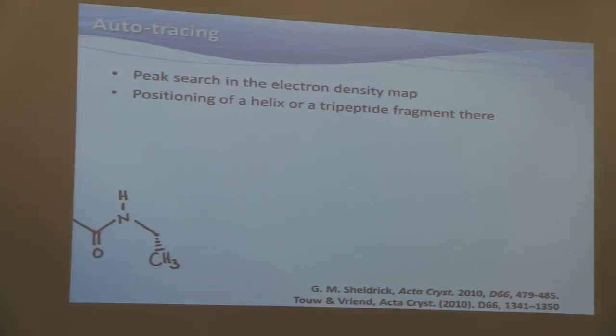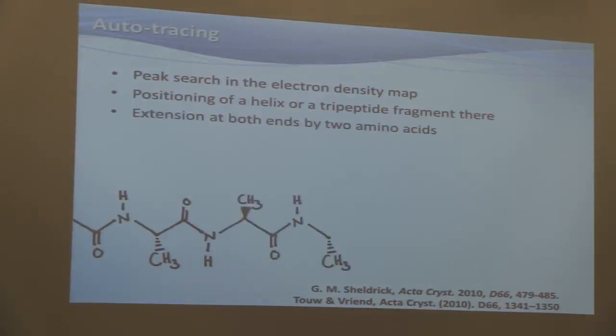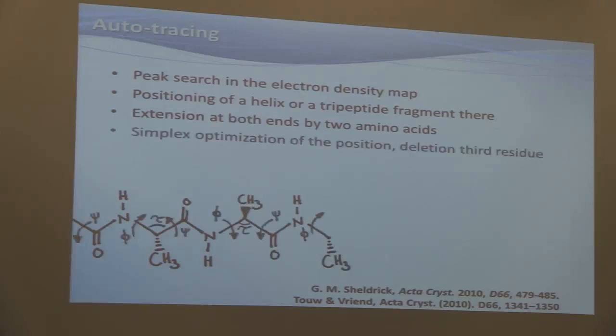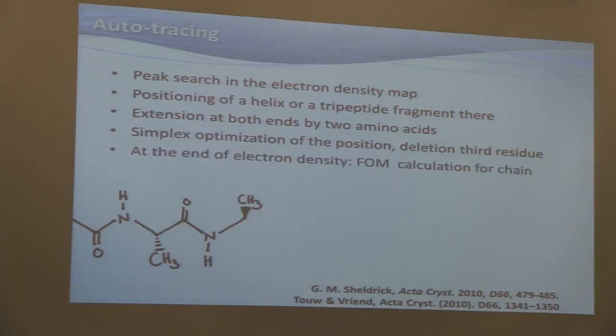Then we position a helix or tripeptide fragment. We extend it at both ends by 2 amino acids. Then we do a simplex optimization of the position, and then we delete the third residue. Then we do that again and again and again, expanding the chains as we go as far as we can.